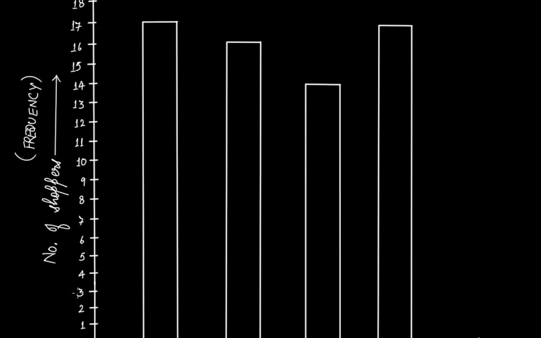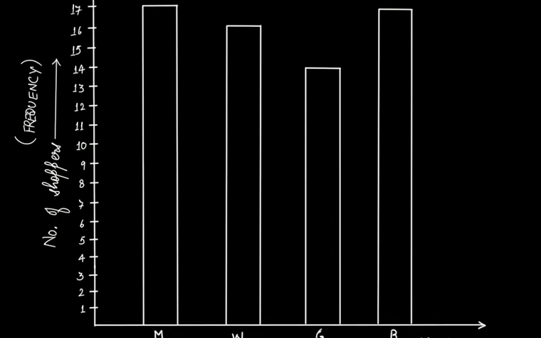On this vertical line, we have number of shoppers, that is frequency, and therefore each unit, between 0 to 1, between 1 to 2, 2 to 3, is equal. The length of each unit is equal.